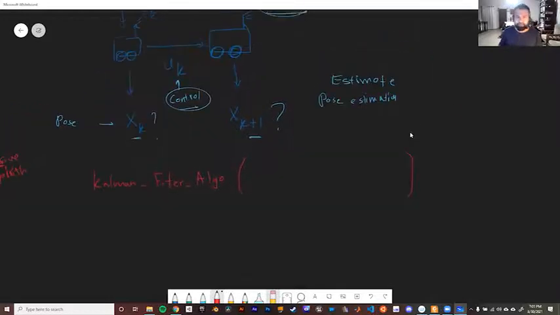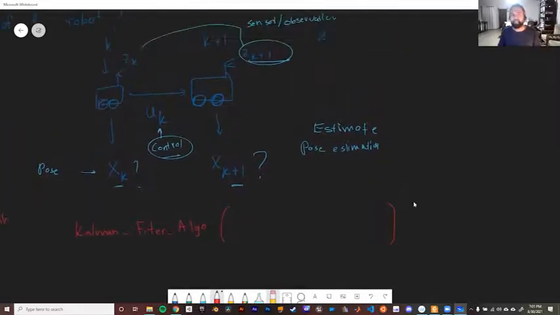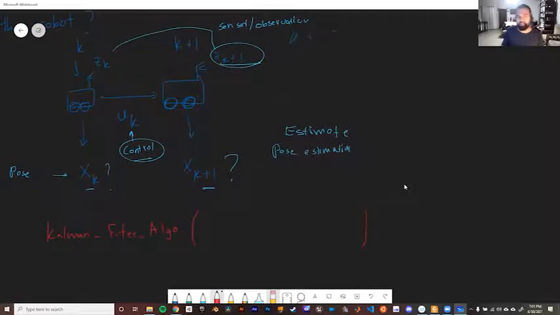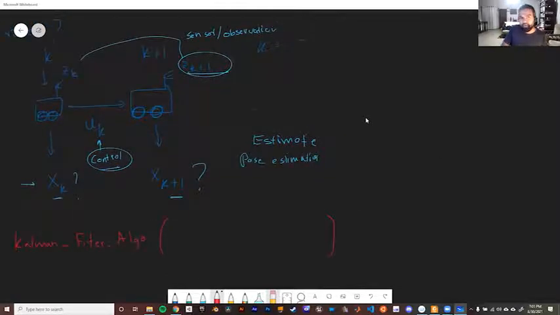So before we actually get into this algorithm, a few more things that we need to understand. There is something called a motion model, which is a function that will take your pose information and your control information and tell you what's going to happen next based on this control information.